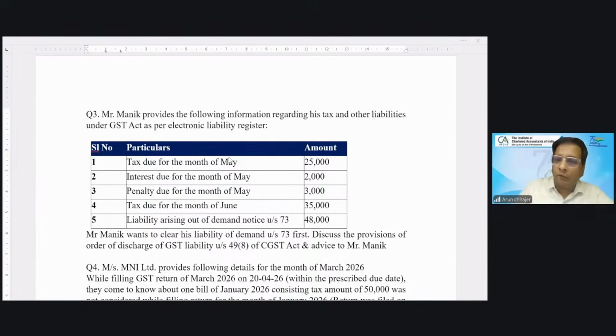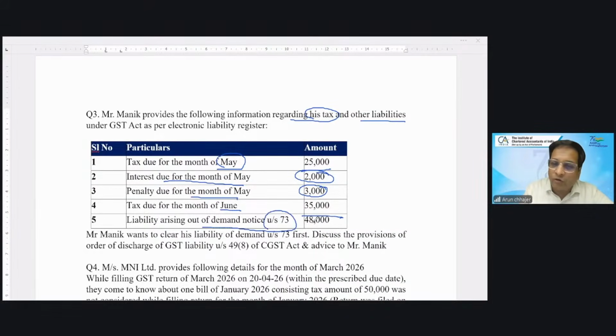Mr. Manik provides the following information regarding his tax and other liability under the GST as per the electronic liability register. Tax due for the month of May is 25,000. Interest due for the month of May 2,000. Penalties for May 3,000. Tax due for the next month 35,000.